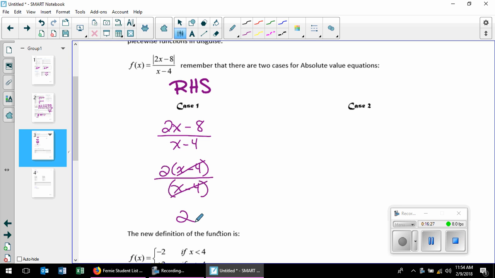You multiply everything in the absolute value by -1. So not just the x values, not just the y values. So this would be my left-hand side because I'm coming from a negative direction. So this now would be negative 2x plus 8 over x minus 4.